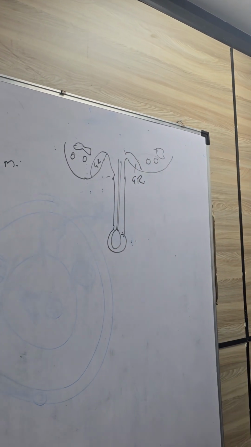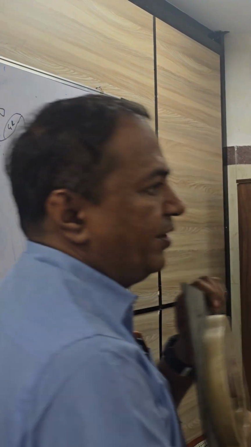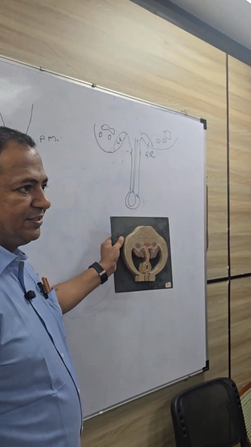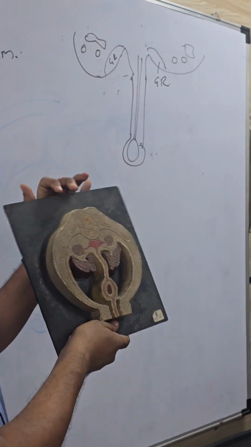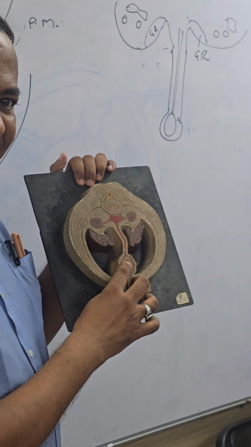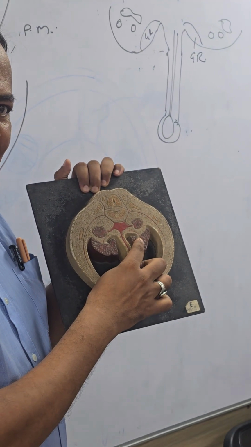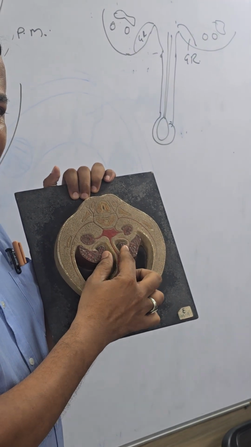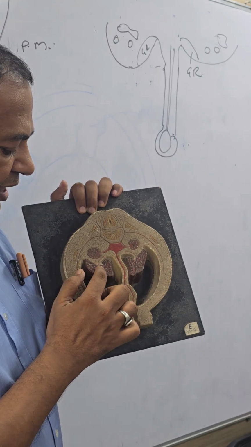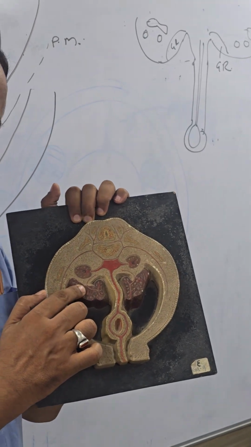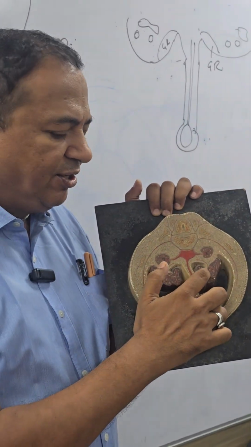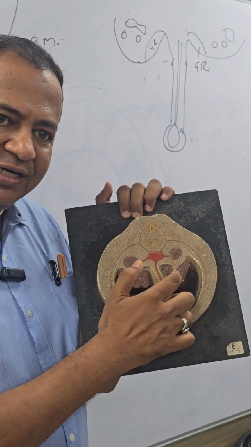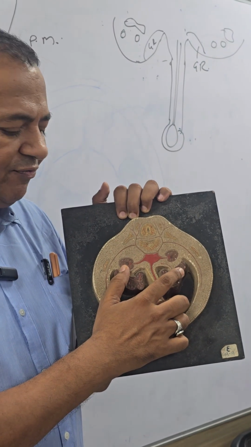Okay, so in this specimen, now consider this. This is the gut, yolk sac. This is the nephrogenic cord. On the medial side will be genital ridge. Then the portion will have mesonephric tubules with two tubes inside it. One is mesonephric duct and another is paramesonephric duct.